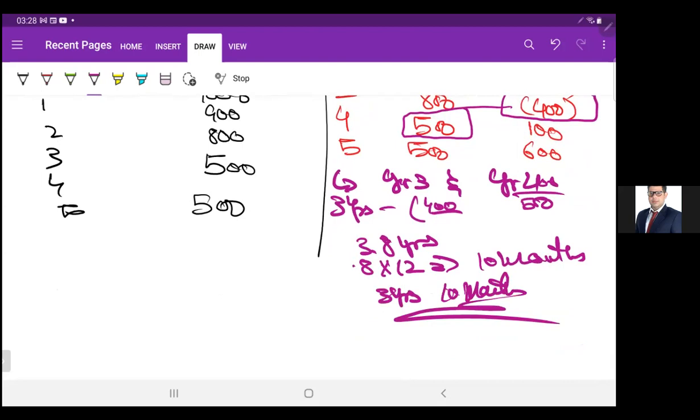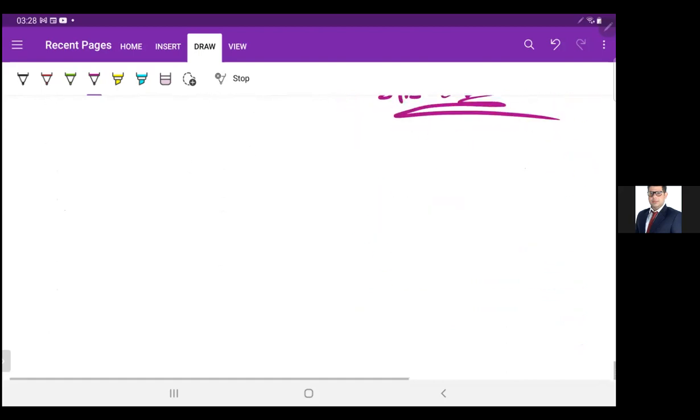And let's move ahead to the advantages and disadvantages. What are the advantages? It is simple.